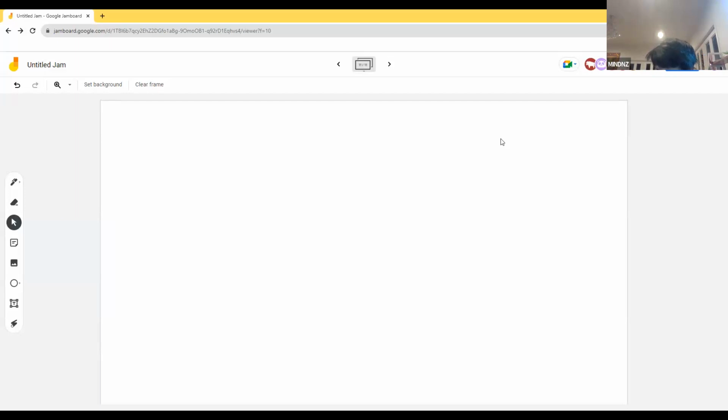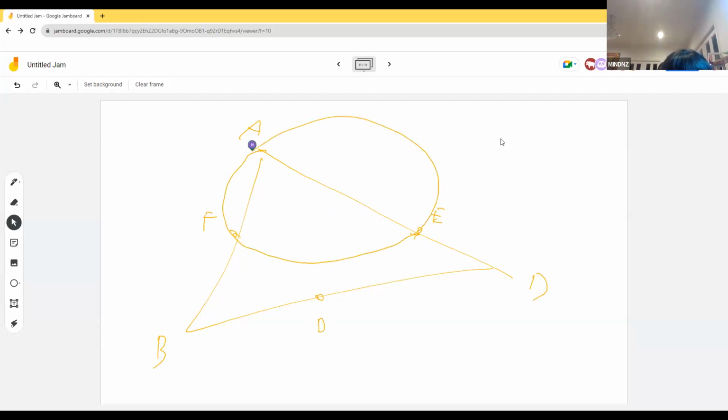For problem 2, we have a triangle ABC, and we have D, E, F. Then we drew the circumcircles of AEF, BDF, and CED.